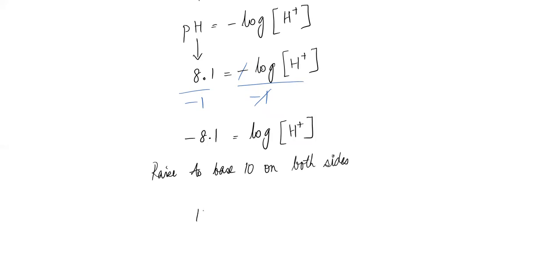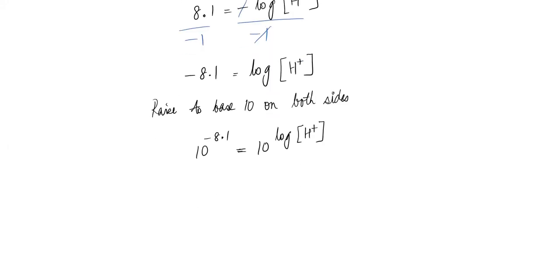So we have 10 power negative 8.1 equals 10 power log H plus. And 10 and the power log will undo each other. So you get 10 power negative 8.1 equals your H plus.